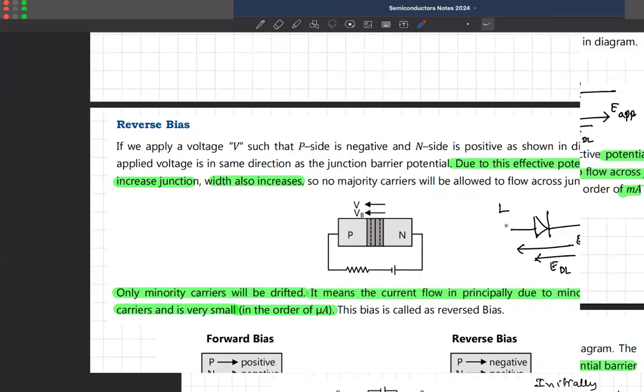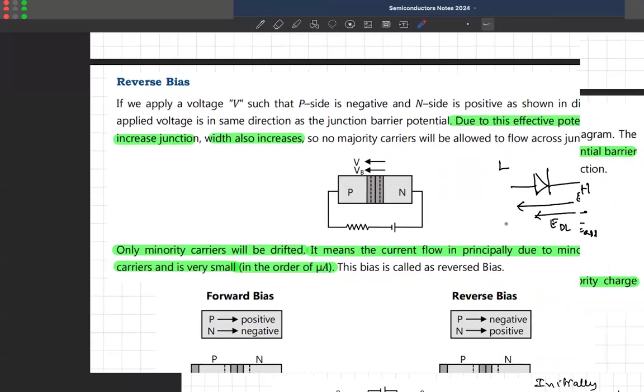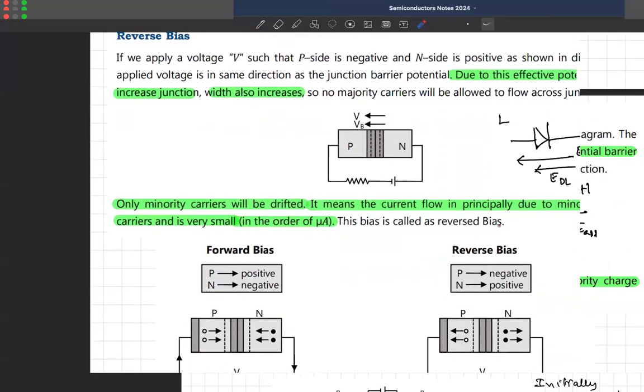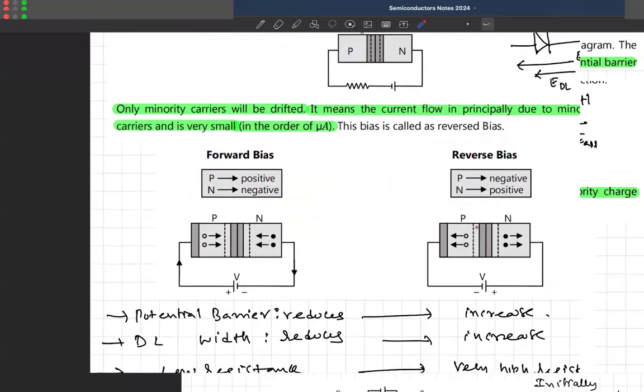So only due to drift will you have current. Only minority charge carriers will be drifted, and hence the current is due to the minority charge carriers, and since it is small, it is of the order of microamps, right?